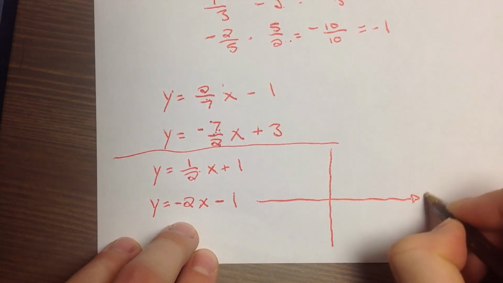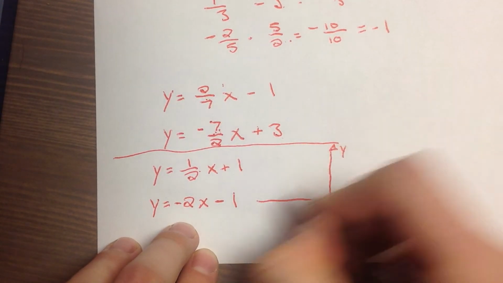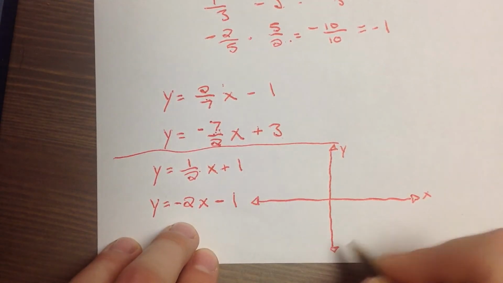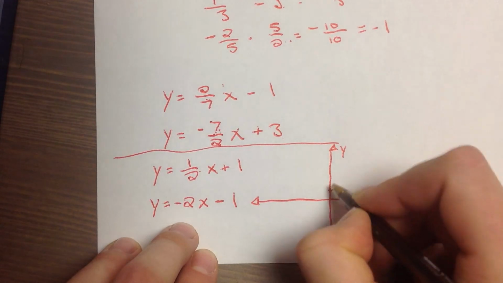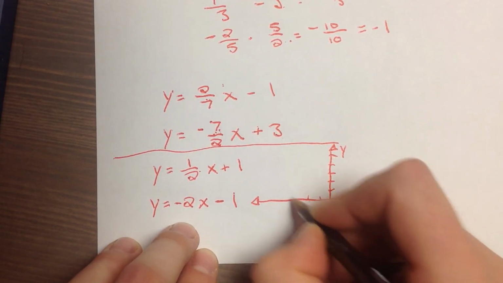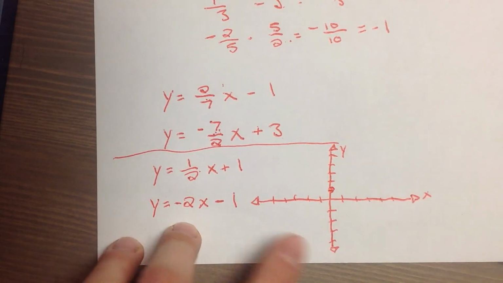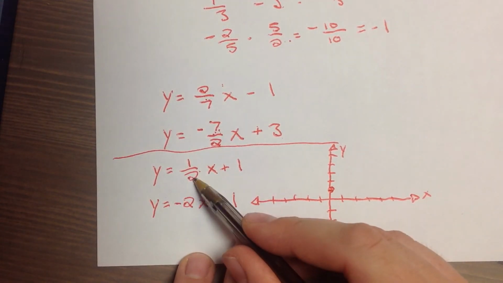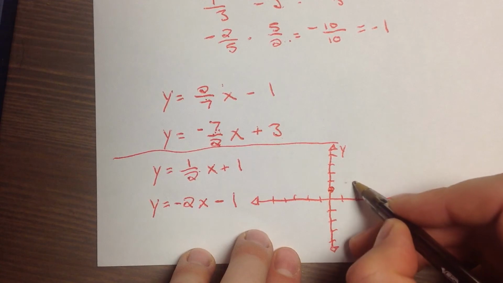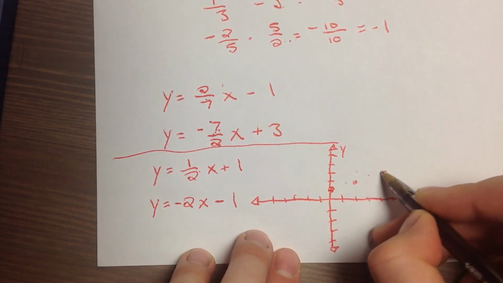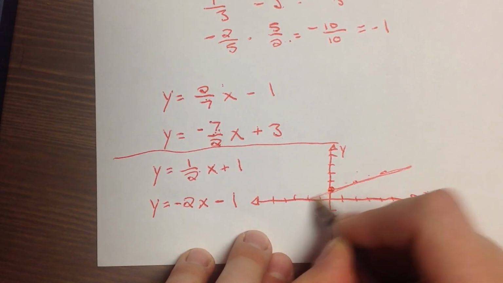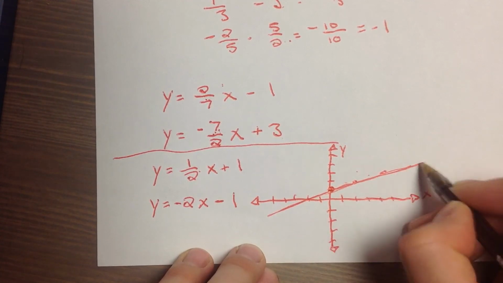So, if we were looking at our xy coordinate, graphing the first one, we would get an intercept of 1. So we go up 1 on the y-axis, put a point. Slope of 1/2 means we go up 1 over 2, up 1 over 2, and we end up with a line that looks like this.